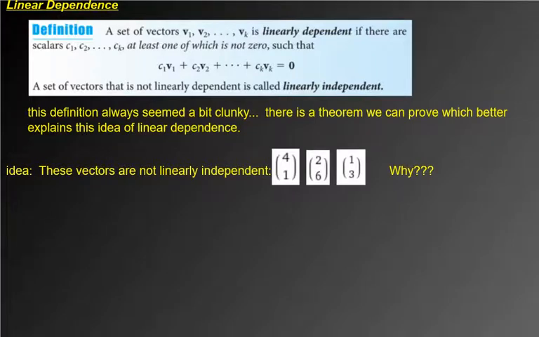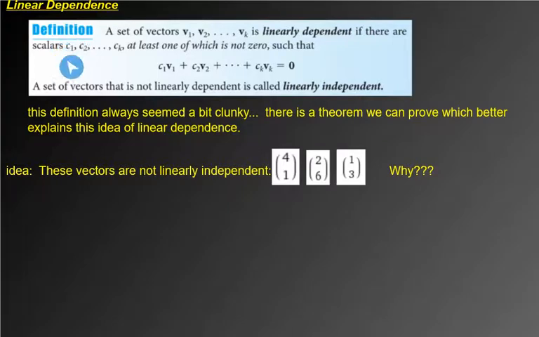But what it basically says is this set of vectors is going to be dependent, linearly dependent, if you can find scalars where at least one of these is non-zero, such that you can add scalars of them up like this and get the 0 vector. So you only need one.